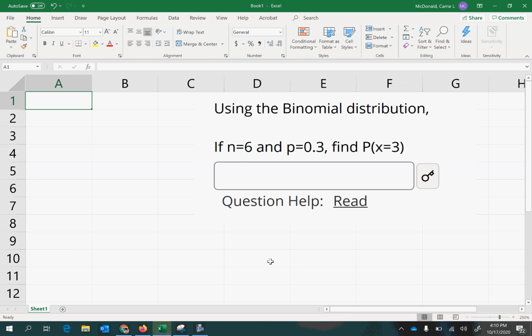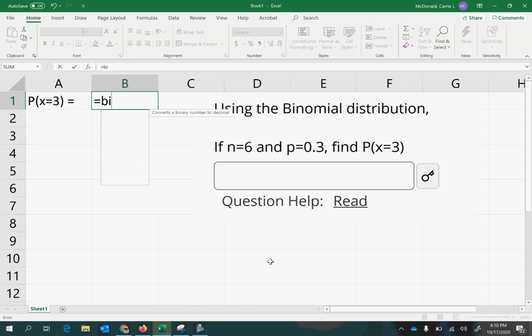But you also have a formula in Excel that will do this for you. That's the binom.dist formula. It asks for the number S, which means the number of successes, and that is x, which was given here as 3. Then it wants the number of trials, which is our n.